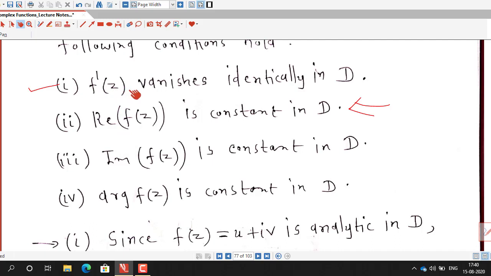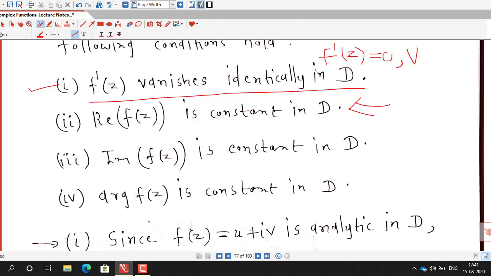We assume that f dash z vanishes identically in a domain D. What is meaning of this? F dash z vanishes identically in a domain D. That means f dash z becomes 0 for all points in a domain D. If we take any point z in a domain D, then value of derivative is 0 at that point.